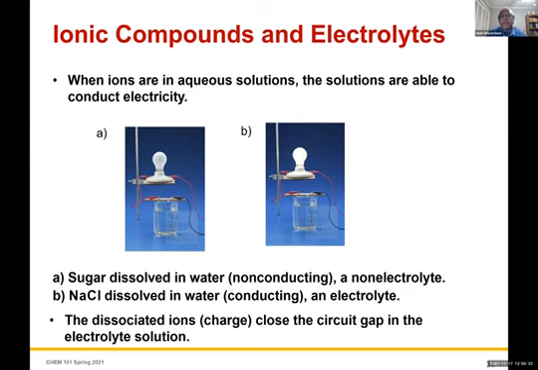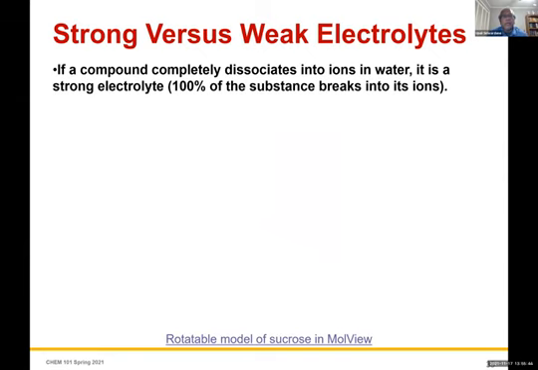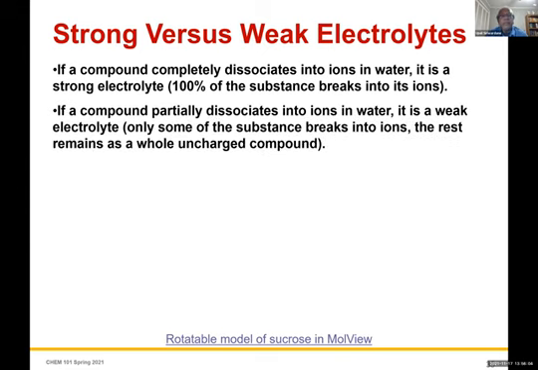So we can classify ionic compounds based on their solubility and their electrical conductivity in water solution. Strong versus weak electrolyte: sodium chloride and HCl are strong. Acetic acid is weak. If a compound completely dissociates into ions in water, it is a strong electrolyte. 100% of the substance breaks into ions in this case.